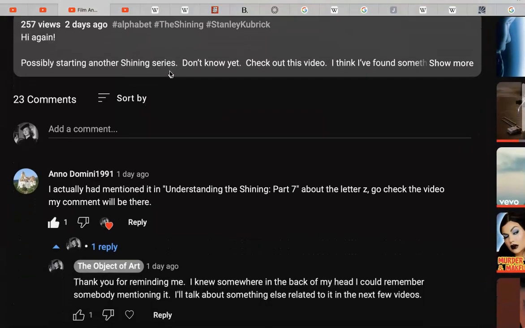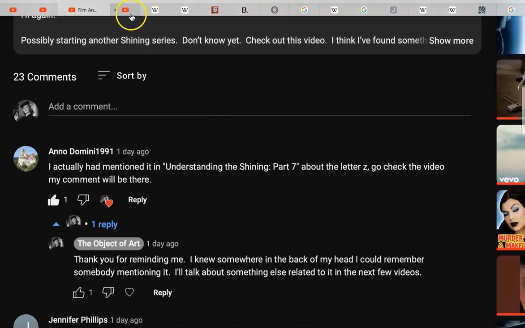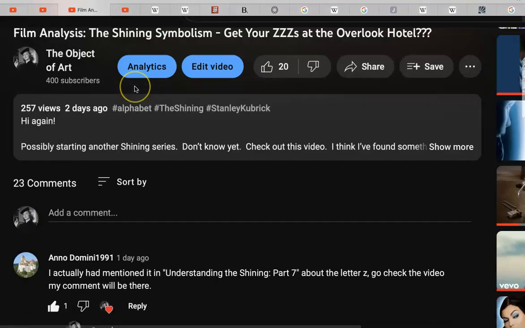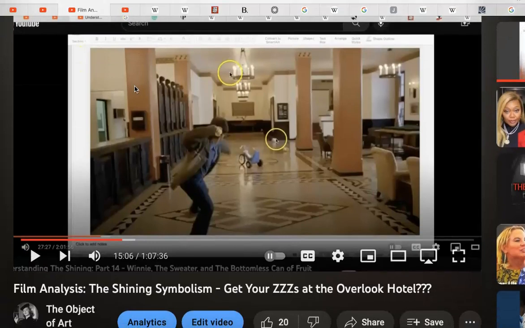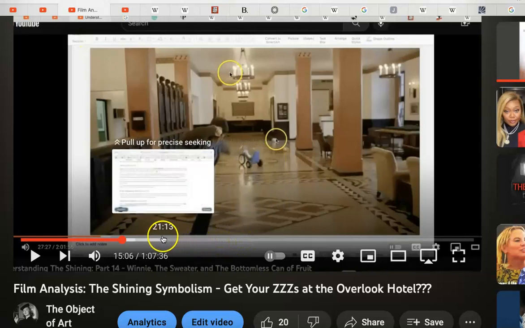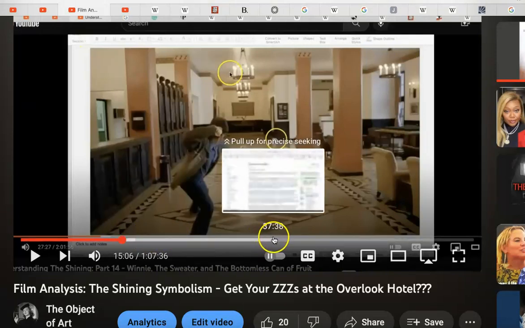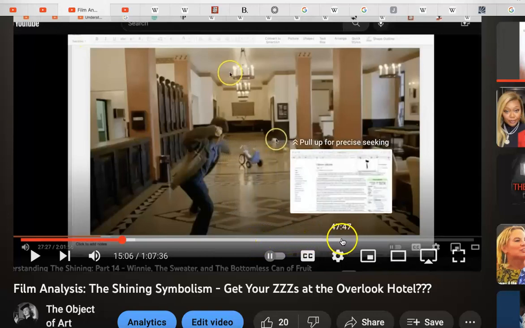And it's not just the letter Z, it's the fact that the Hebrew Zayin is shaped exactly like an axe. Watch this video to see what I mean, right? Where is it? Hold on. I saved that. There it is.